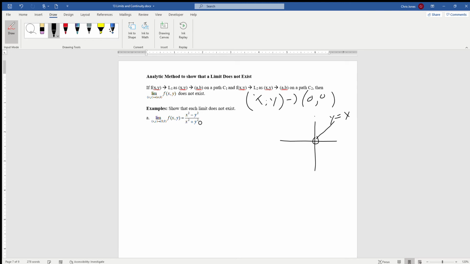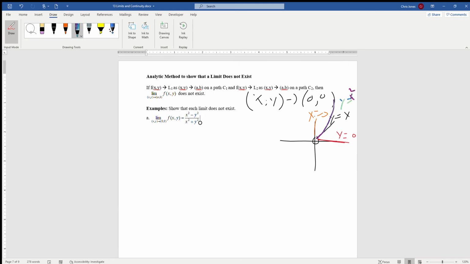We could take the path along one of the axes, so y equals 0, or the y-axis, which is x equals 0. We could even do a quadratic path, y equals x squared.